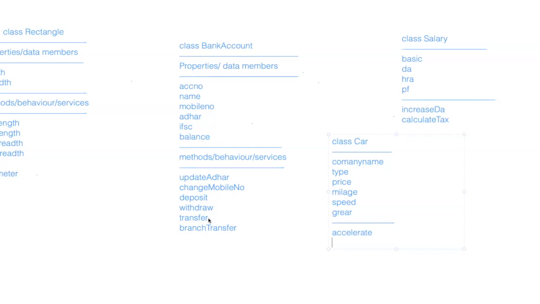Transfer, balance. Branch transfer, IFSC code. Whereas the account number and the name are not going to vary, right? Yes, sir. So for the account number and the name, you can only use get methods as well as set methods. Remaining things you can use for making changes in the existing parameters.